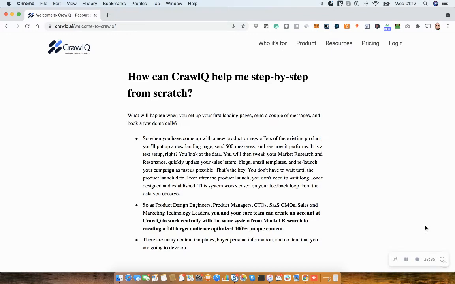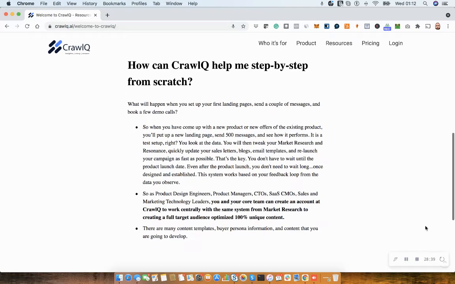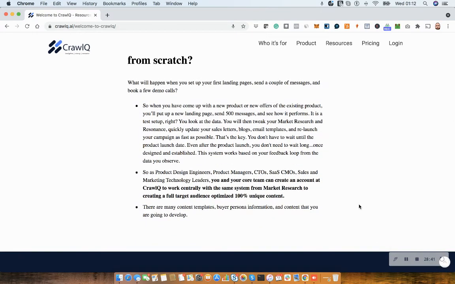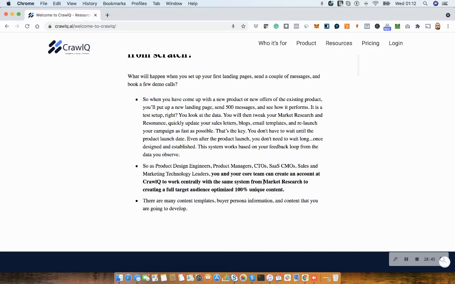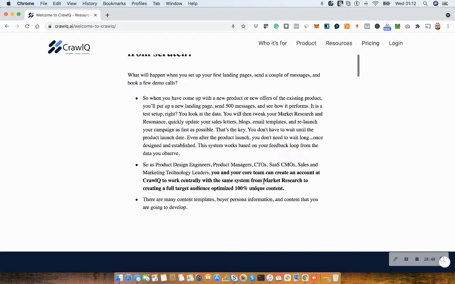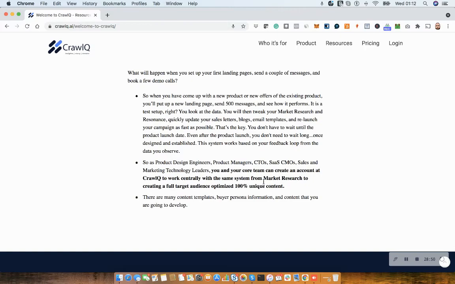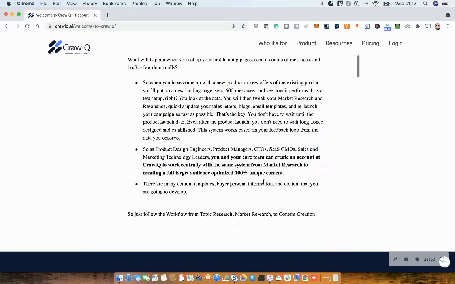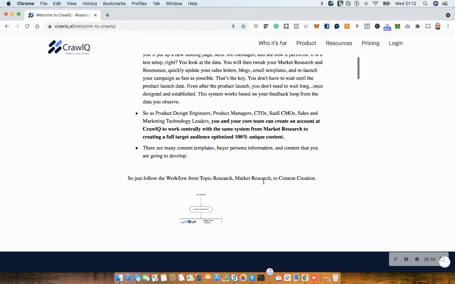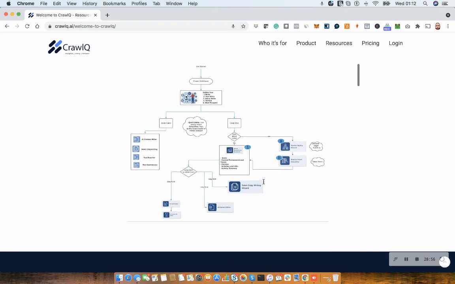So here you are asking a question: how can CrawlQ help you step by step from scratch? So first, you and your core team can create an account while you sign up, and you can work centrally with the entire team. What you just saw, this workflow, is very important.